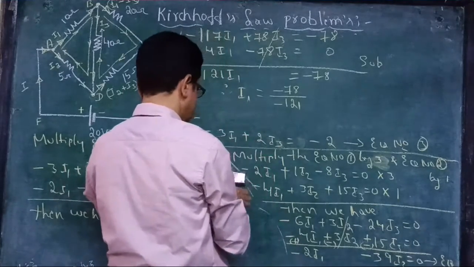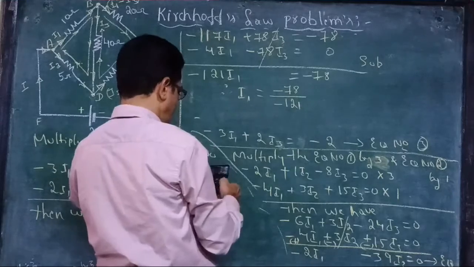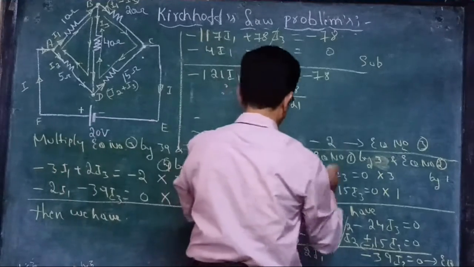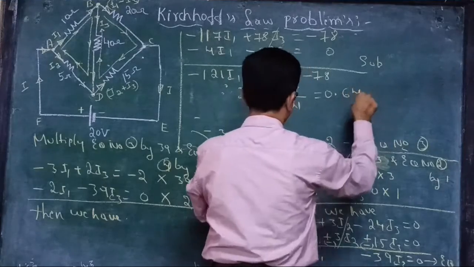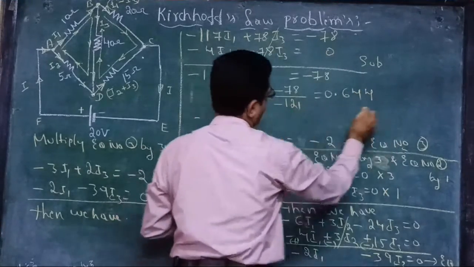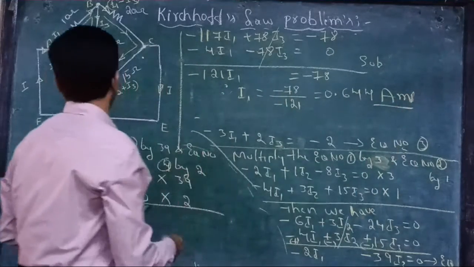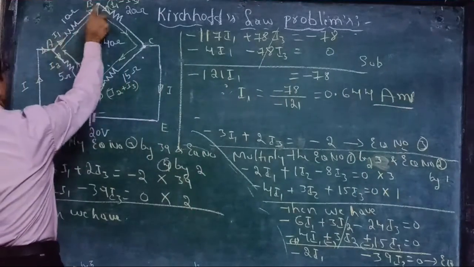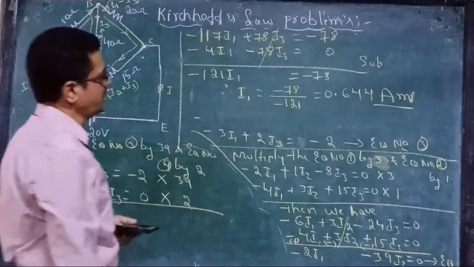So 78 divided by 121 is equal to 0.644. So this is the I1 current. I1 branch current means in this branch A to B. So current in A to B flows 0.644.